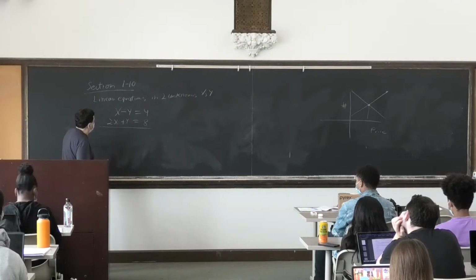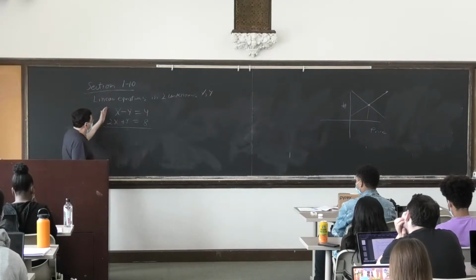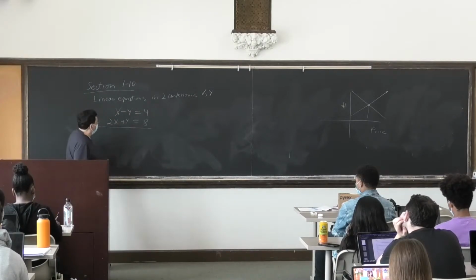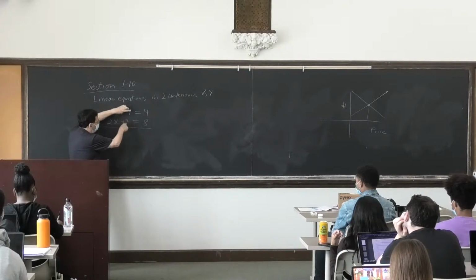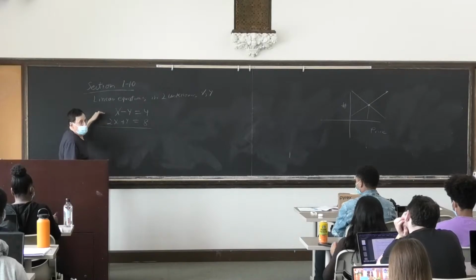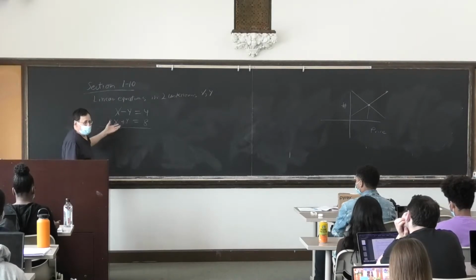And in trying to do that, we might want to multiply one of these equations by a constant, so that the negative and the positive y's will match up. You can add or subtract them, whichever is more convenient. You just look at it and say, what's the easiest way to do it?